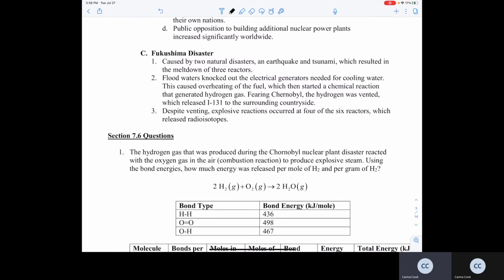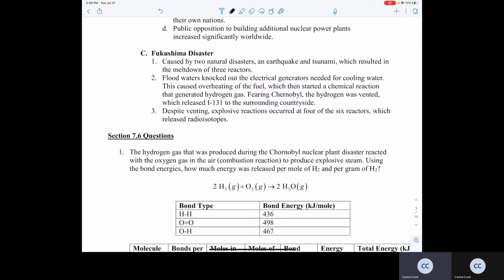And so therefore, one of the actions that they took is to vent the hydrogen gas. And in trying to vent out the hydrogen from the nuclear reactor, what that also did was not only release that hydrogen gas so it wouldn't build up and cause an explosion like what happened in Chernobyl, but also what escaped in addition to the hydrogen gas were radioactive isotopes like iodine-131.